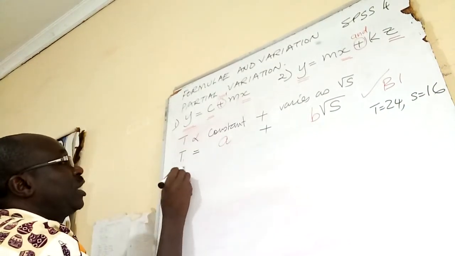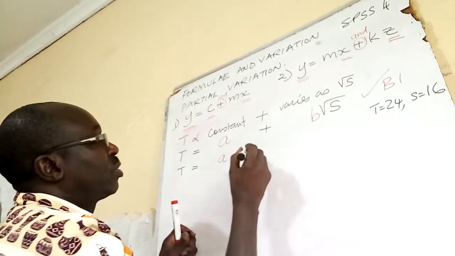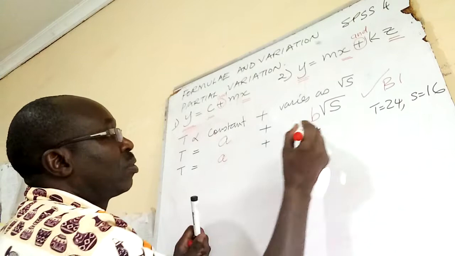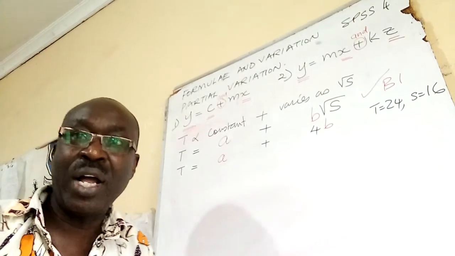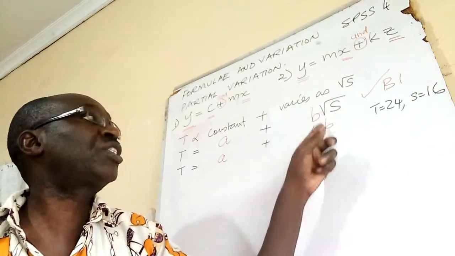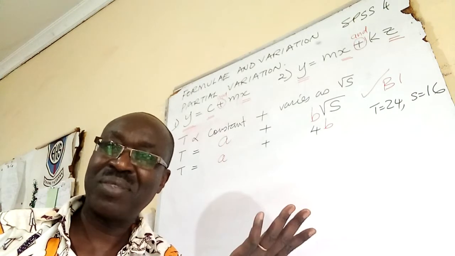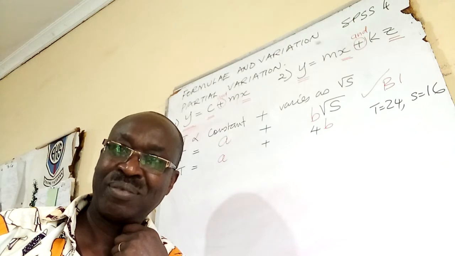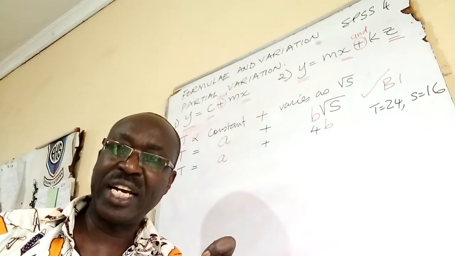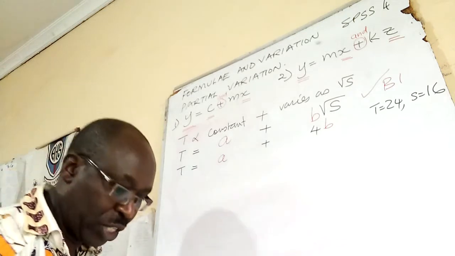I come here and put T is equal to A plus, now look, why have I done that? Because he told me S is 16, so square root of 16 is 4. You have it. You just move on with it. Don't mind about the negative aspect. A square root has always two solutions, okay? So move on with the positive.